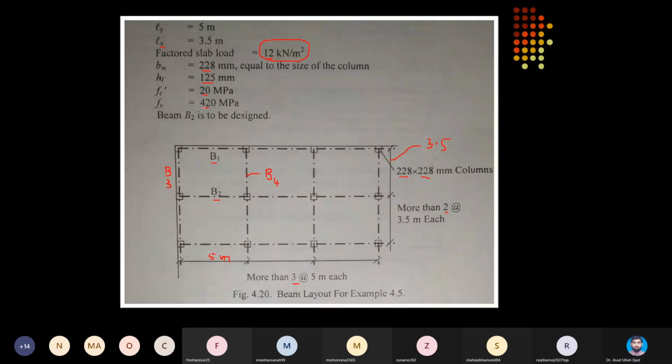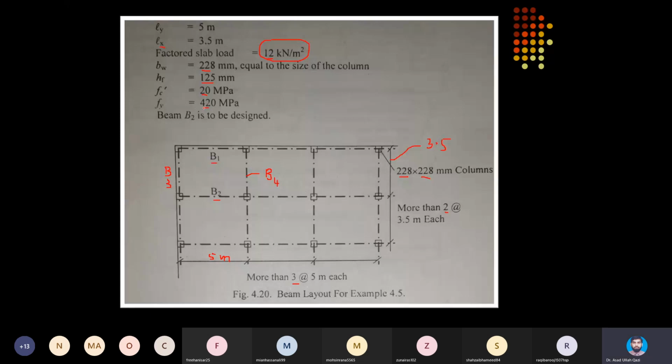But when you perform designing in a design office, it will actually be your job to design the columns. You need to fix the cross sections. It will be your job to select the slab thickness, because slab design will be done by you.